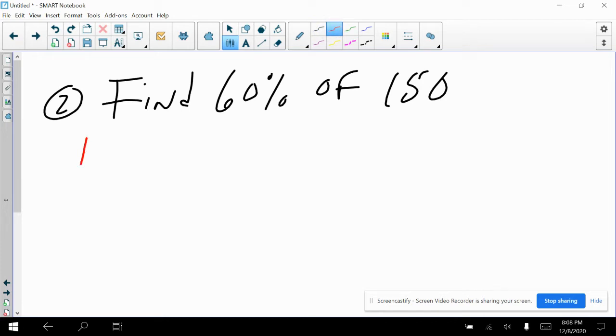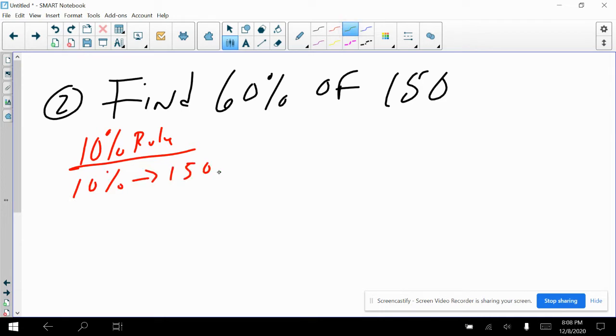So if we use the 10% rule, okay, so if we find 10% of 150, again, the decimal moves one place to the left, so that's going to be 15. And the nice part here is it's straight 60%. There's no 65, there's no 55. We don't have to find 5% of anything.